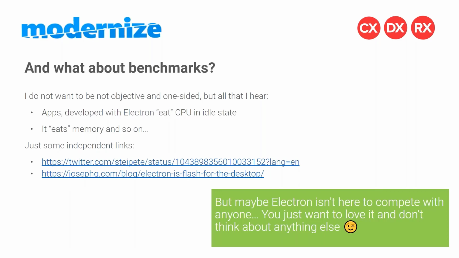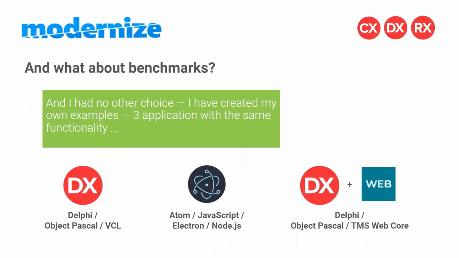Here is just a couple of links which you can also find on the internet. But maybe Electron is not here to compete with anyone. You just want to love it and not think about anything else.